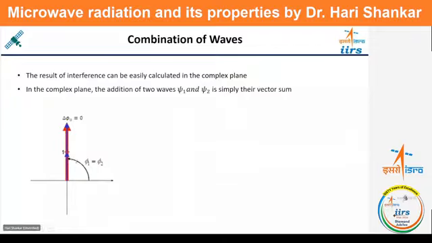The phase difference phi 1 minus phi 2 is 0. If it is 0, the combined or resultant strength will be high. The red color shows the combined strength, which is maximum. Here you can see the first signal is this side, another signal is this side.